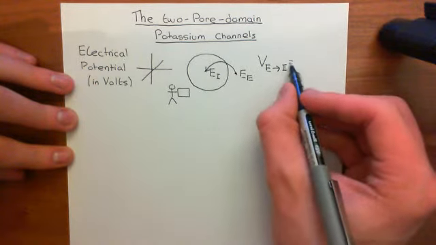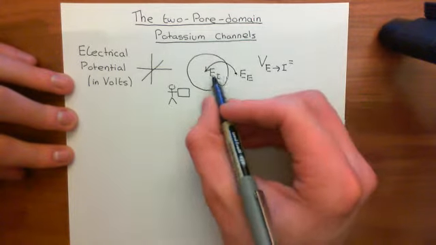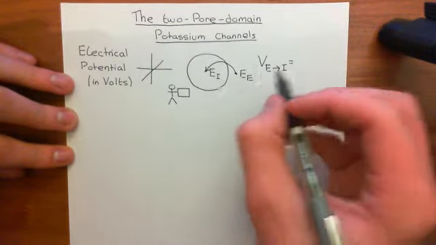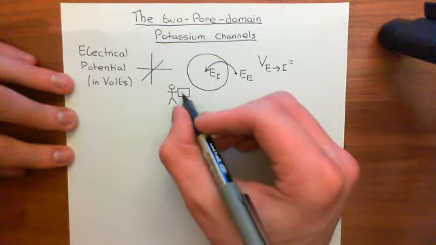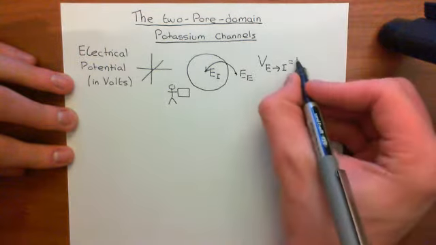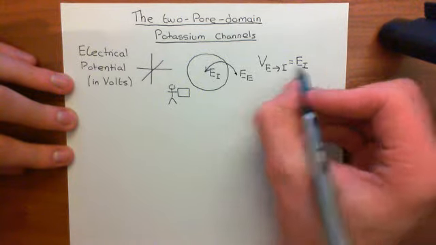So let's write this out in terms of the electrical potential extracellularly and also the electrical potential intracellularly. Okay, so we want how much the number on his machine would change if he moved from here to here. Well, that's going to be the end number, the end result, which is the electrical potential intracellularly.